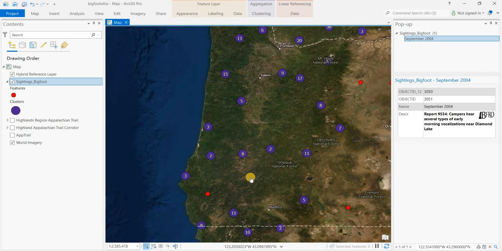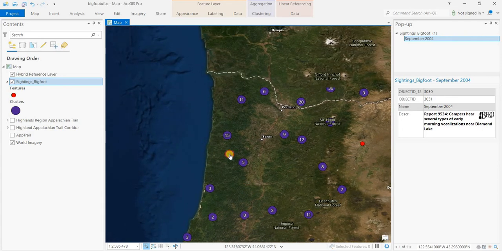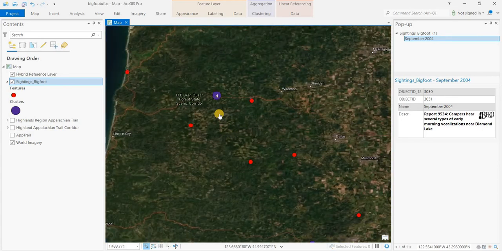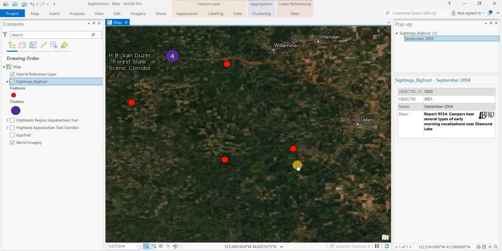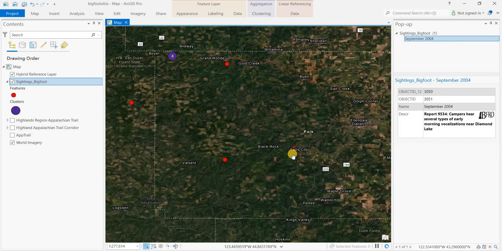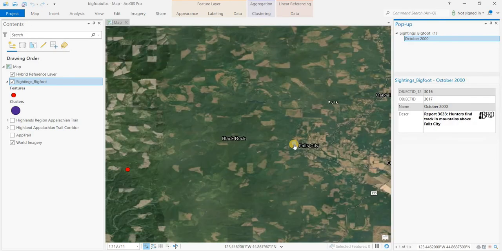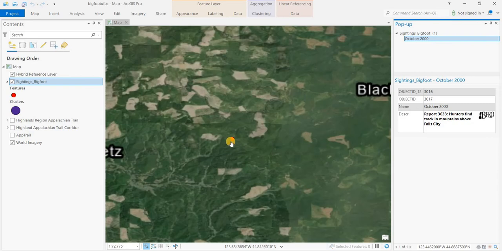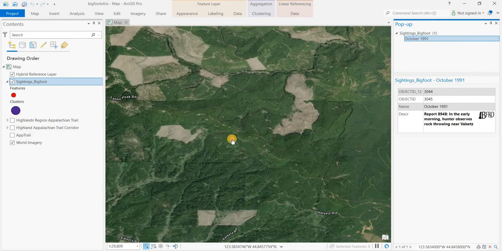Zoom out again and just see these clusters. Cluster 15, close to the coast, closer to the coast anyway. This one at Fall City, October 2000. Hunters find track in mountains above Fall City. October 1991.